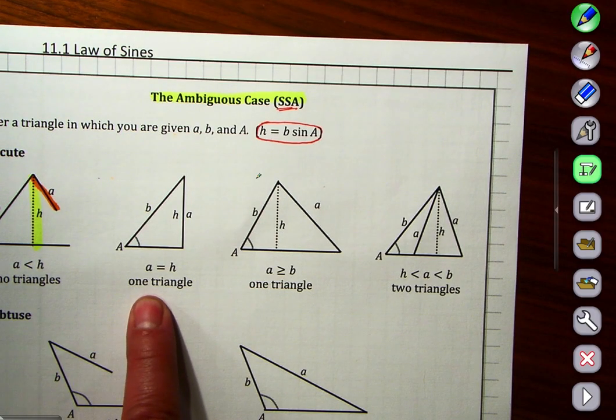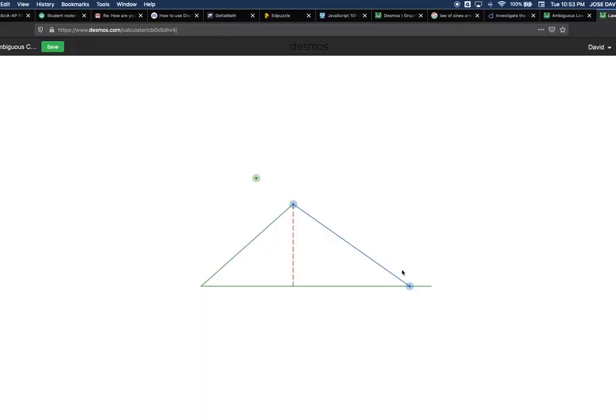The second option, whenever A and H are equal, is that it barely reaches. They're equal to each other. Whenever it's exactly the same, it's going to be a right triangle. But whenever it's smaller than your height, it's not going to make a triangle because it's not able to reach down there.